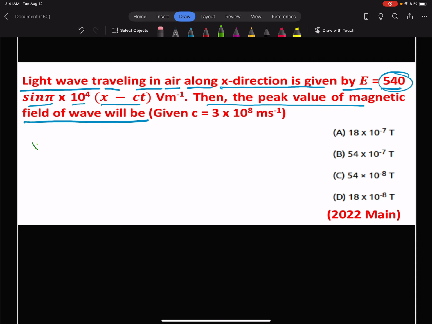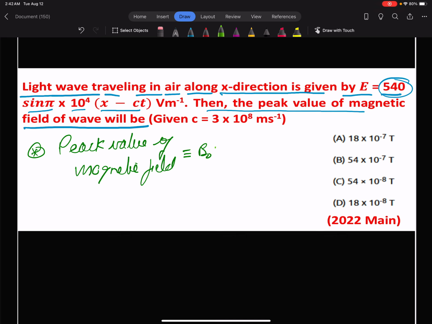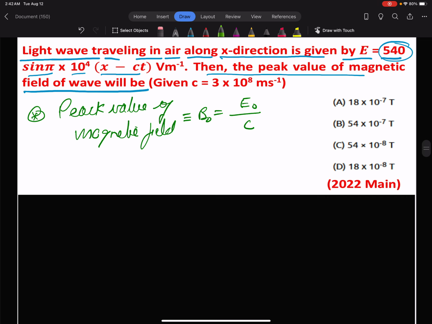So we can say that our peak value of magnetic field, that is B0, will be equal to the peak value of electric field divided by the speed of light. And so we get B0 equal to E0, which is 540, and C is 3 into 10 to the power 8.